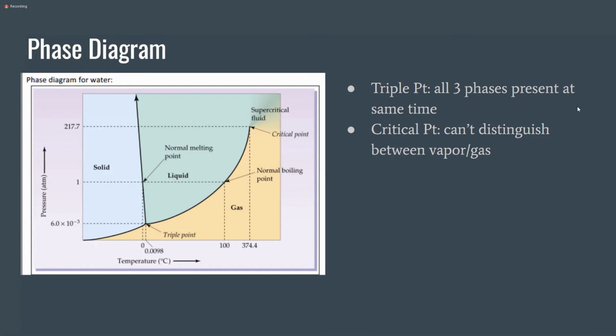Something that tripped me up at the beginning of the semester was trying to apply this to the example of an open pot of water on the stove, because I was like, wait, if I'm at 50 degrees Celsius, I'm going to have both liquid and gas molecules in my pot of water, even though I'm at 50 degrees Celsius and atmospheric pressure, which is 1 atm. So according to this graph, it looks like I should only have liquid, but I know I have liquid and gas. And again, that's because this is for a closed system.